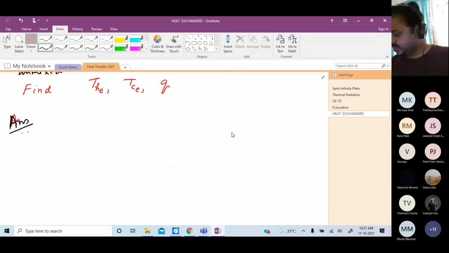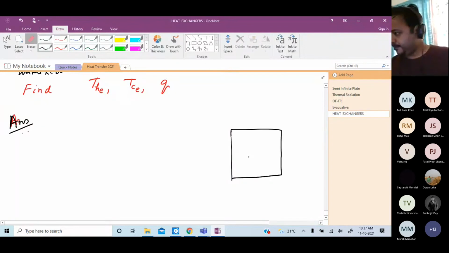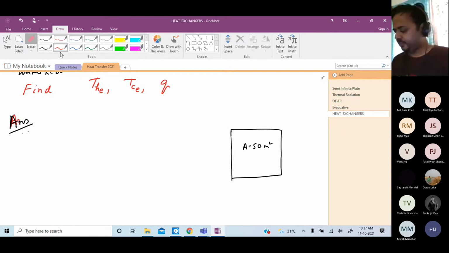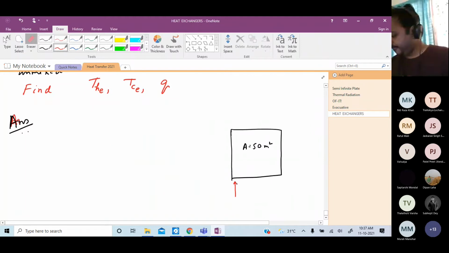First, always a good idea to draw a representation. This is my heat exchanger. Area is 50 meters square. U is also given, right? Hot gases entering at m dot h, 5075 kg per hour and Thi equal to 450 degrees.